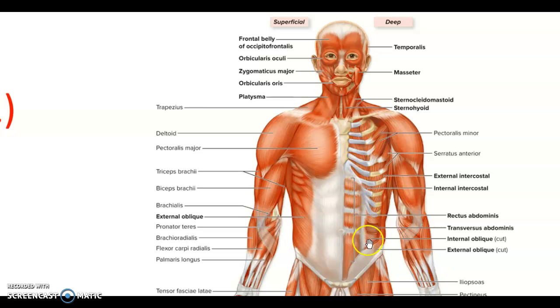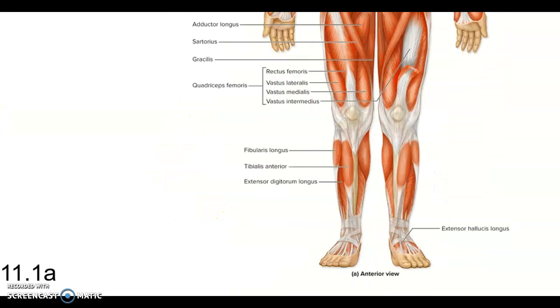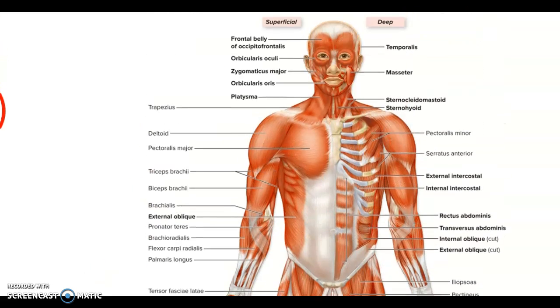We talked about the costal ribs. Here's the rectus abdominis, transverse abdominis. And remember it because it looks like they're going horizontal. Internal oblique and external oblique. Okay, that's all for that slide.